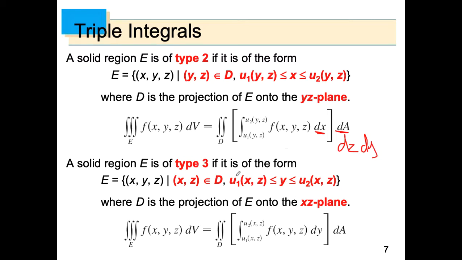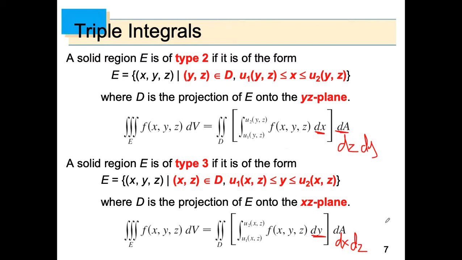And then finally, a type 3 is when you start by integrating with respect to y, which means in this case, your dA is either dx dz or dz dx.